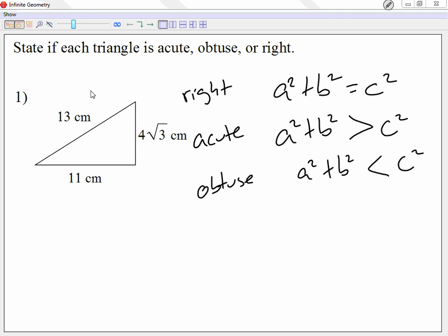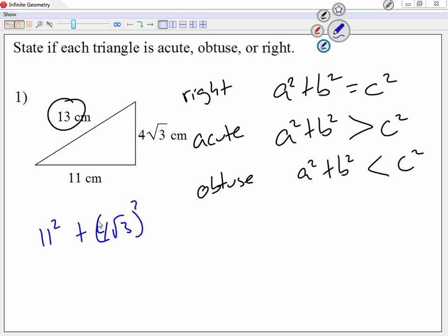So looking at question number 1, the biggest side is 13. I'm comparing the length, so my c is 13. The way I'm going to work this is 11 squared plus 4 radical 3 all squared. I'm going to leave it blank because I don't know if it's equal to, less than, or greater than 13 squared.